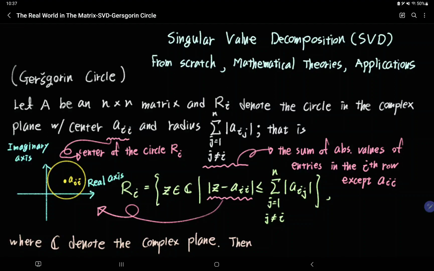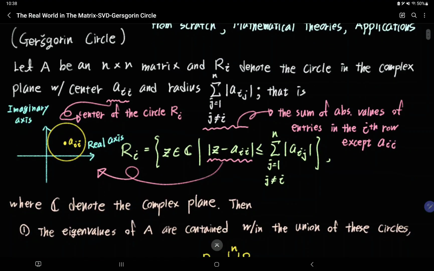The radius is set as the sum of the absolute values of a sub ij, where j moves from 1 to n, except j equals i. Simply put, this is the sum of absolute values of the entries in the ith row except the diagonal entry.